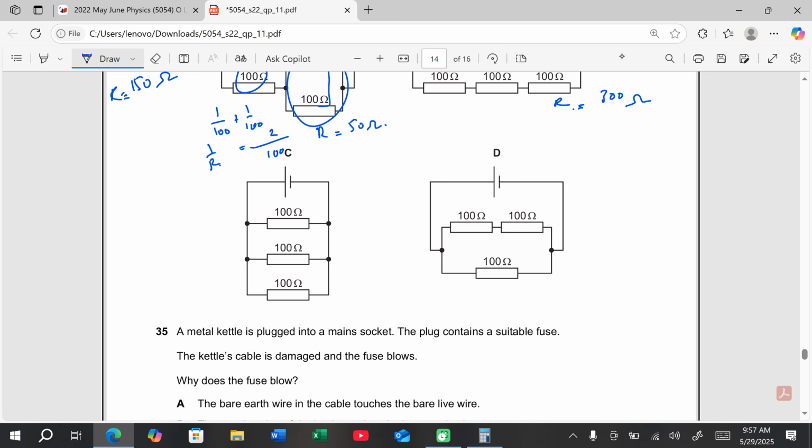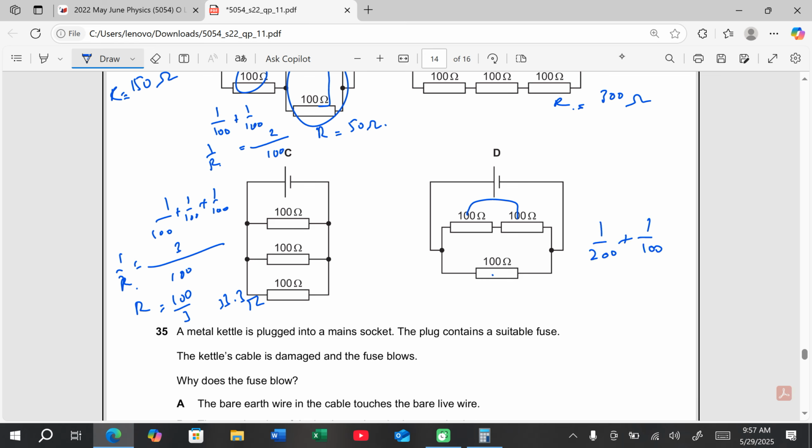These ones are all three in parallel, so 1 over 100 plus 1 over 100 plus 1 over 100 would have given you 100 over 3, which is 1 over R. Then R is going to be 100 over 3, so that is 33.3 ohms. For this one, this is 200, this is 100, so 1 over 200 plus 1 over 100 is 3 over 200, and taking the reciprocal of that, it's 66 point something.